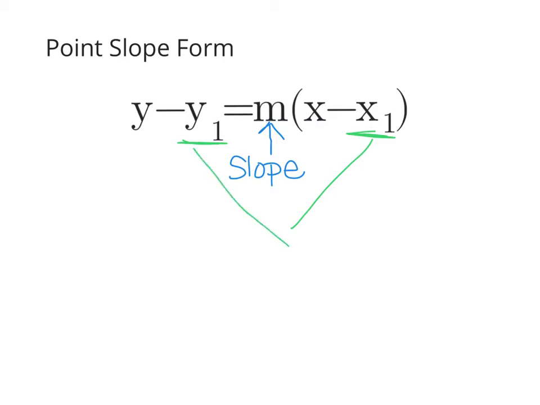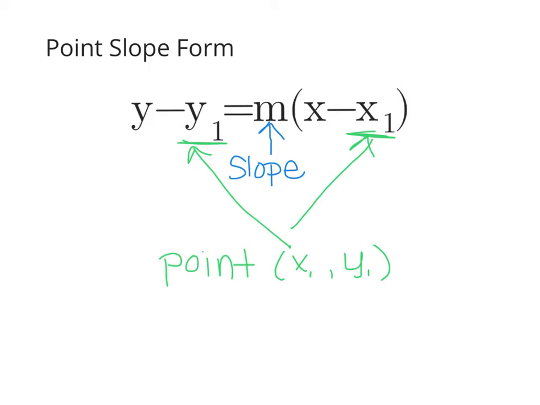These two together make an ordered pair, or our point. When we talk about a point, or an ordered pair, we refer to it as x comma y. So I'm going to label this as x1 comma y1. That is my point that I'm going to be working from.